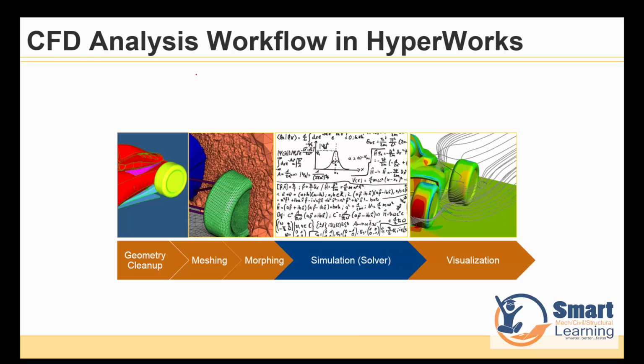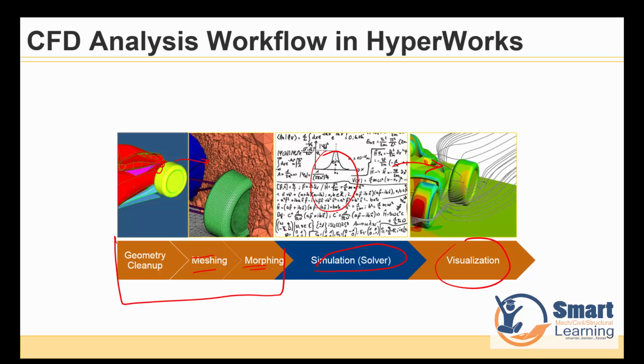Here you can see the portfolios like geometry cleanup. You have to clean up before going to your final output, and you do the meshing and then morphing for matching it. Then you select your solver, and then finally you visualize your result. These are the three different steps.